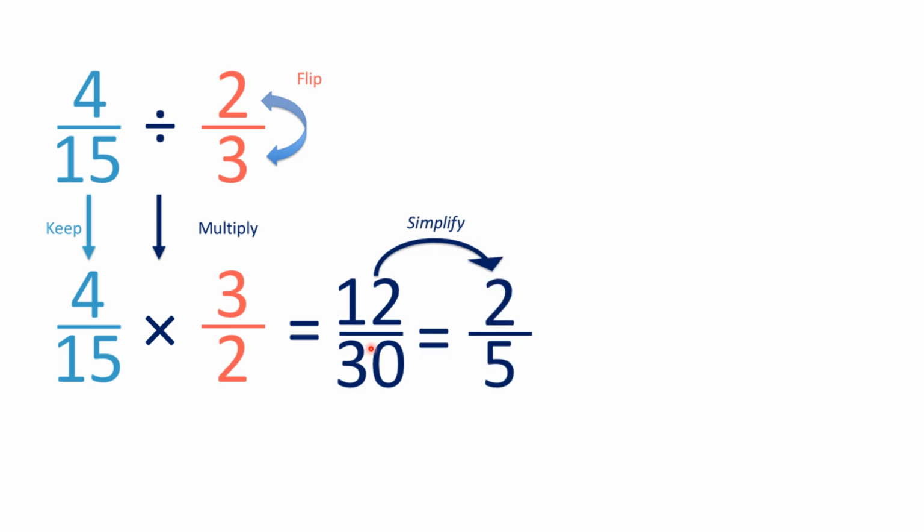This fraction can be simplified, so dividing both numerator and denominator by 6, our final answer will be 2 over 5. This is the simplest form.